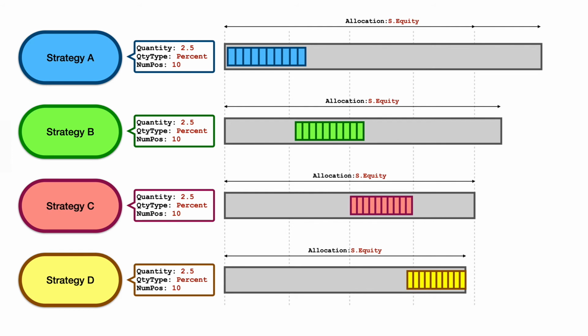And strategy B's has grown a little bit, so again its allocation for any new positions is going to be slightly larger. Strategy C didn't change at all. Strategy D actually made a loss, so its equity is a bit smaller, and 2.5% of that for any new positions is going to be a bit smaller.